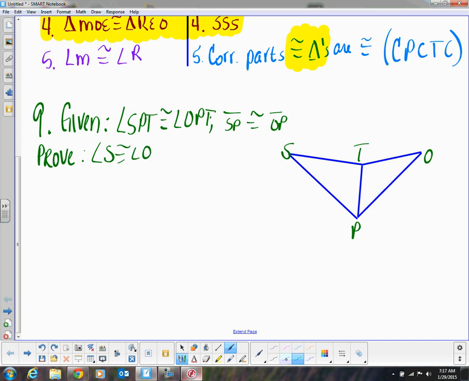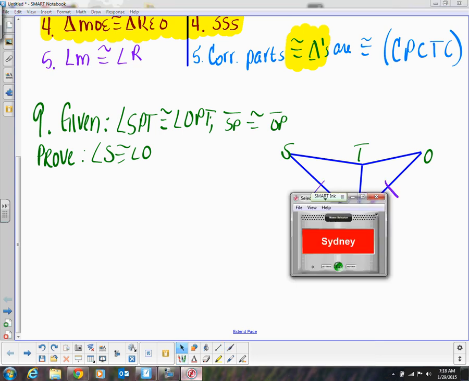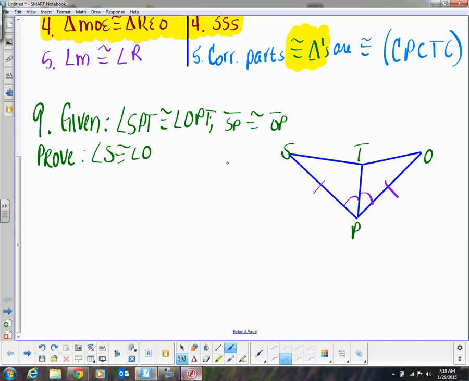So let's mark what we've been given. SPT, that would be this angle, is congruent to OPT. You're given SP is congruent to OP. All right, with those marked, notice I have used each part of my given. Kayla, I've used this already. I've used this already. What can you pick from the picture?